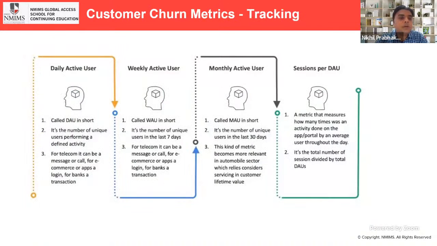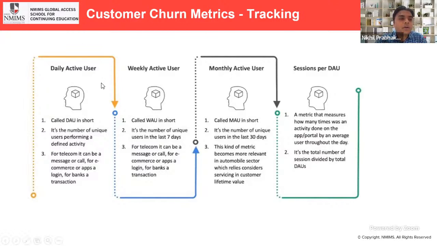Now, what should we do? How should we measure it as an analytics person? Here is an example from the e-commerce industry, or those companies which are using mobile apps particularly. They look at daily active users, DAU for short. The idea is that, suppose a person has downloaded your mobile app, then on a daily basis, how many people are actually going to the app, exploring something, taking some action?